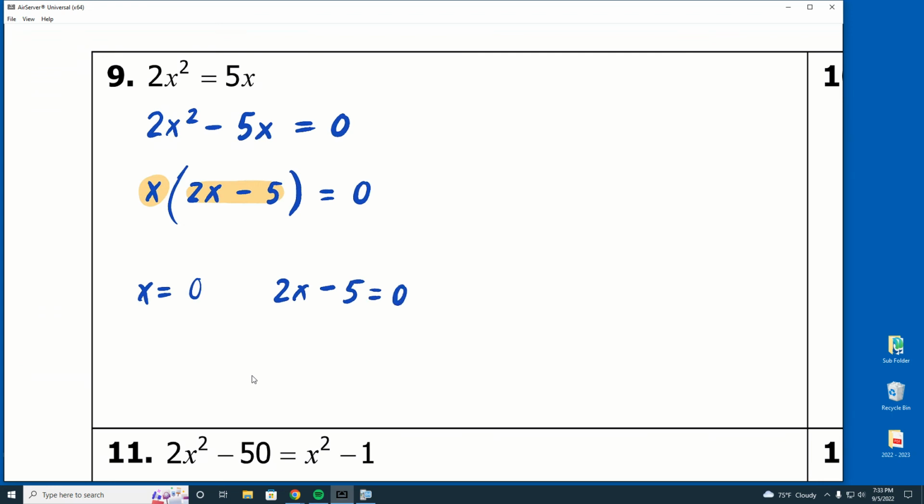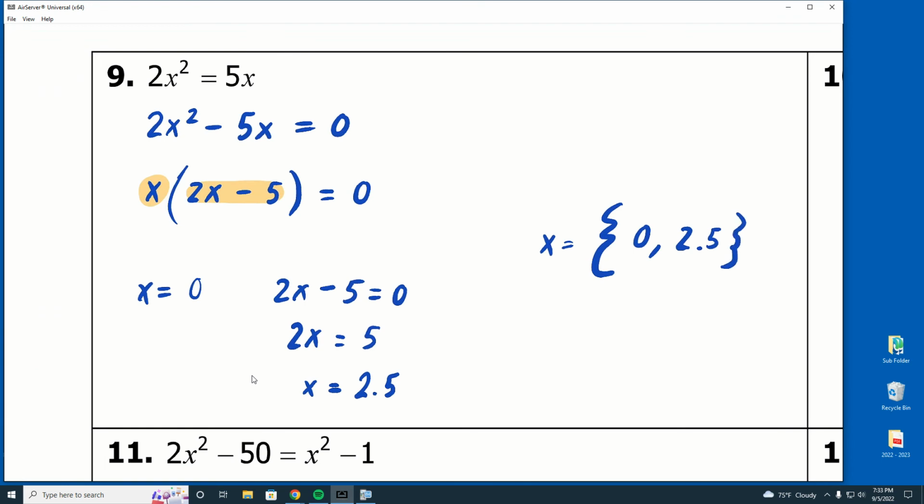Of course, with that x equals 0, it's done. That's one of my solutions, 0. The other one, I'm going to add 5, and I'm going to divide by 2. And 5 divided by 2, you can either put 5 halves, or because it's a nice decimal, I'm just going to put 2.5. So my two values of x for number 9 include 0 and 2.5.